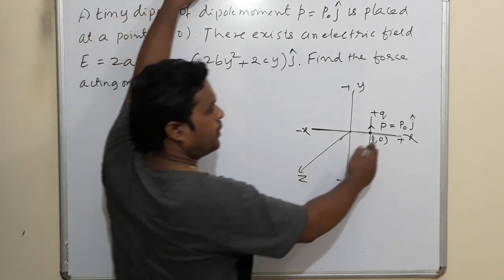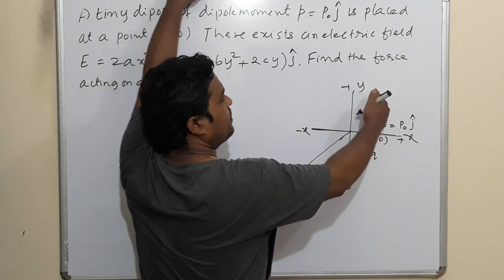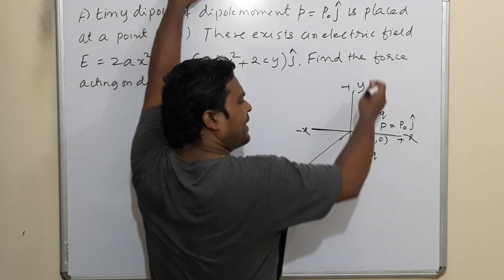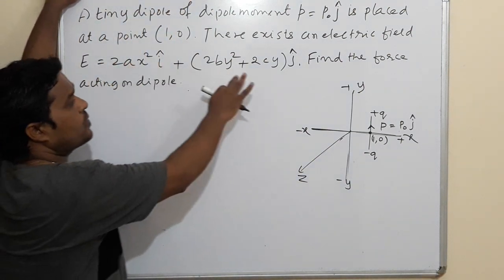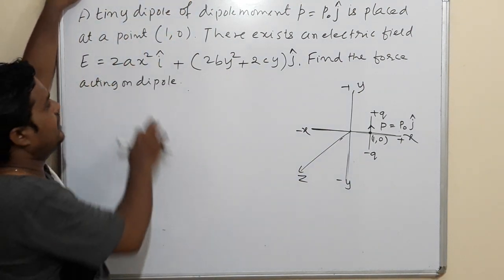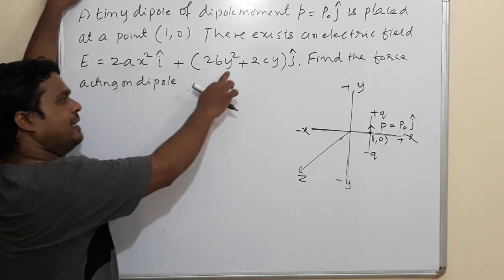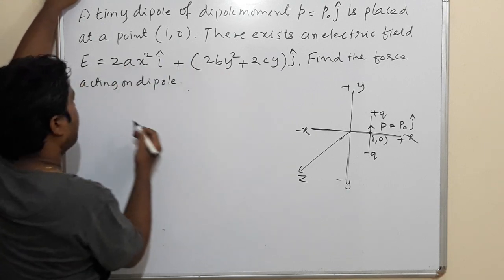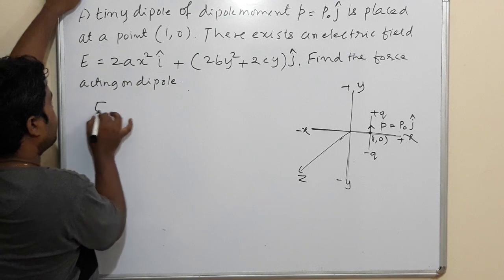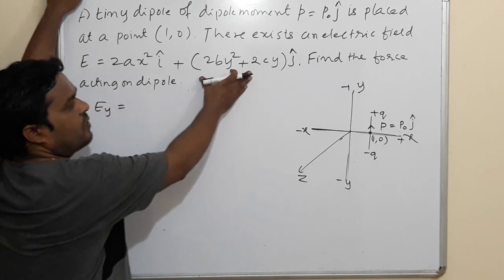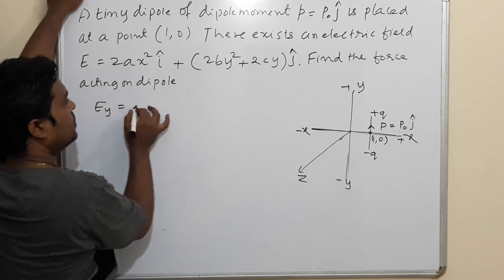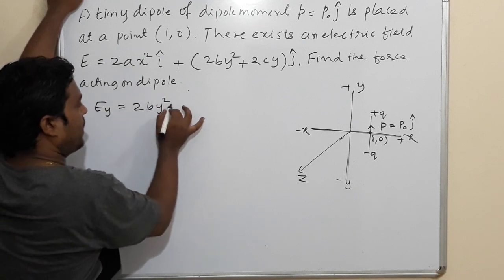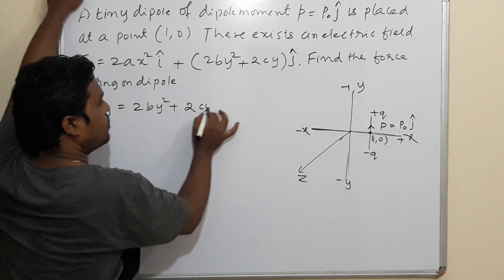See, the dipole moment is placed along the y axis, which means force will be acting along the y axis. Here, the x field is also there, the y field is also there. In this one the y coordinate is not there, in this one the y coordinate is there. Then what I will do? Here, EY, the electric field along the y axis, will be equal to 2by square plus 2cy.